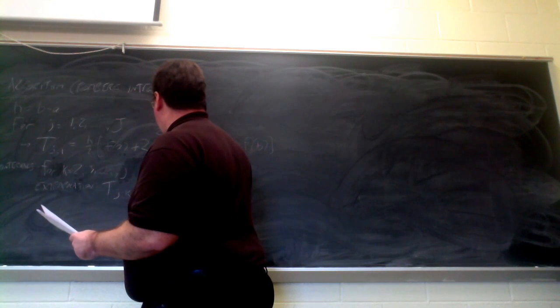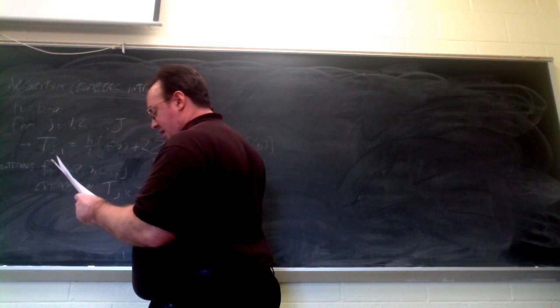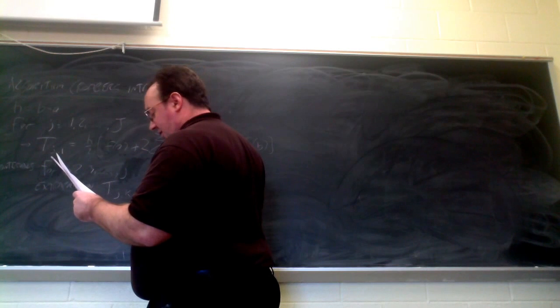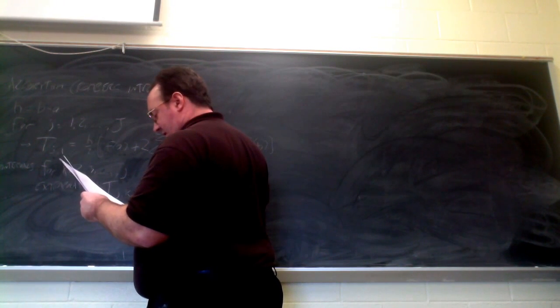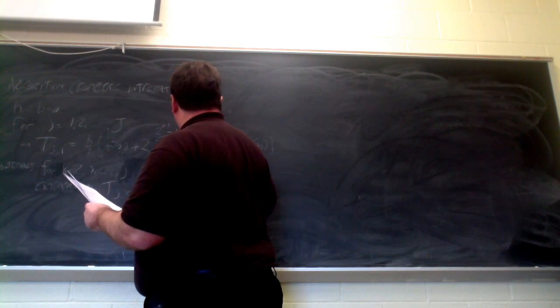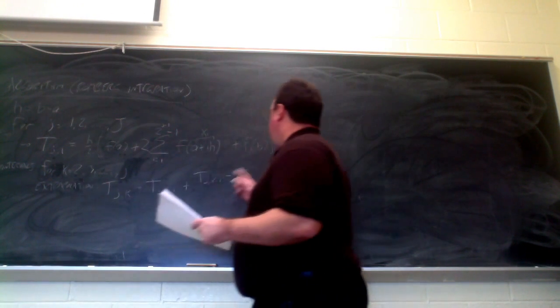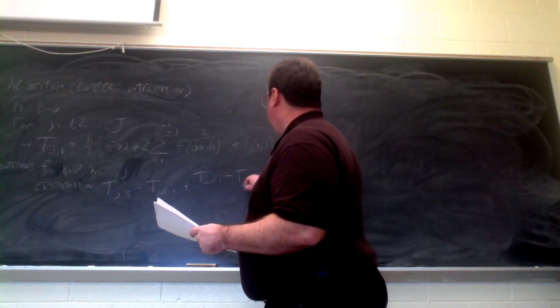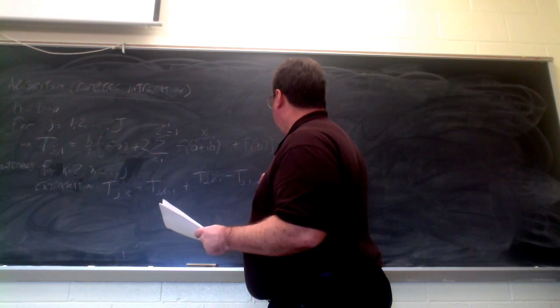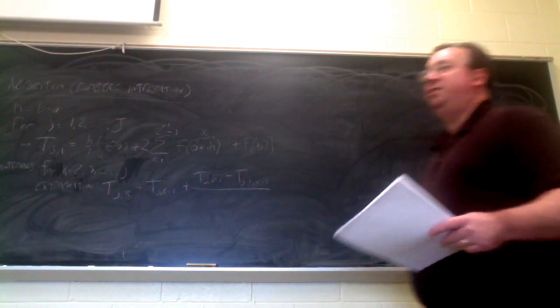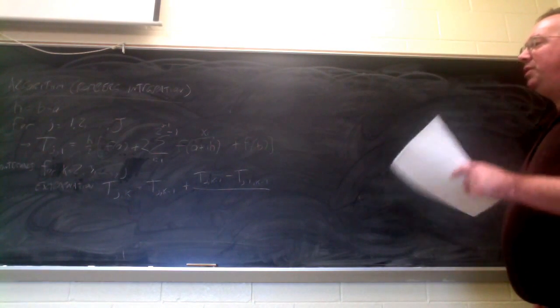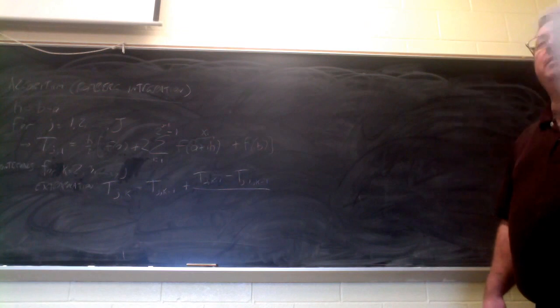So it'd be T_{j,k-1} plus T_{j,k-1} minus the approximation right above it. So it's row j minus 1, same column as this one. And then you find the right thing to divide by. Now if you notice, what did we divide by before? 3, then 15, then 63, and so forth.